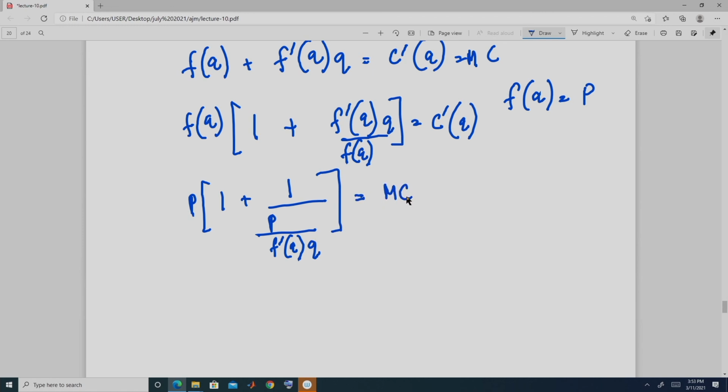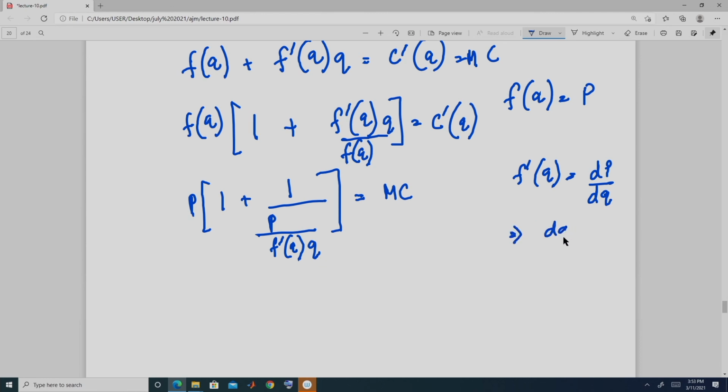You can say marginal cost. Now, this is what? Suppose we take the reciprocal of this.